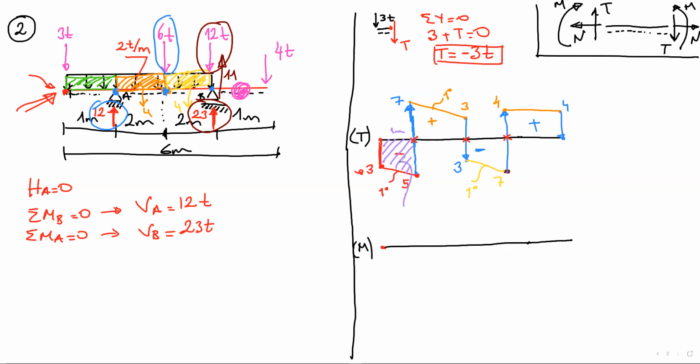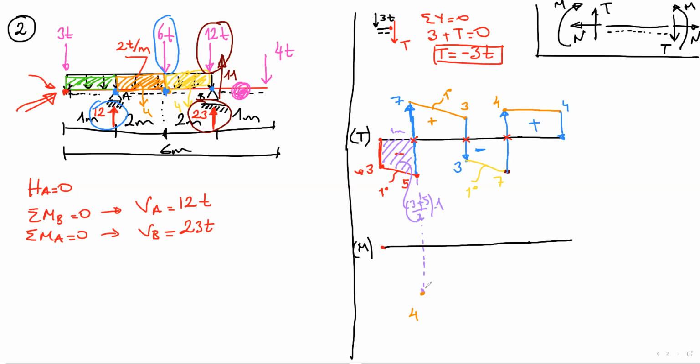Let me write it here again: 3 plus 5 over 2 times 1. So this value is 4. This point is 4.